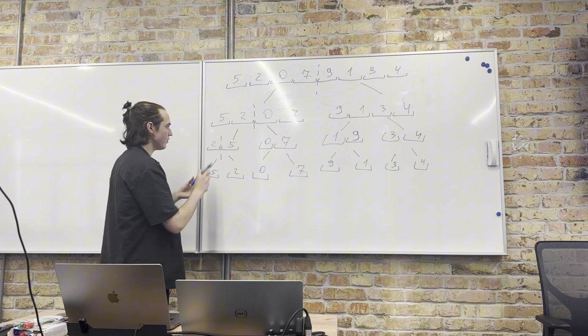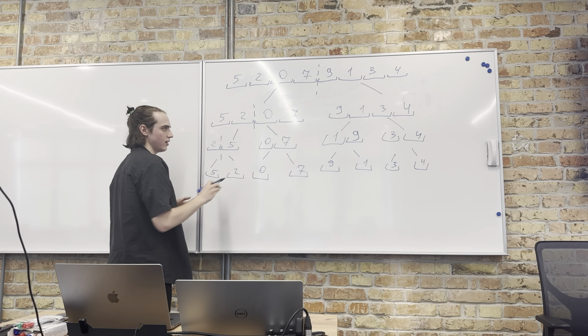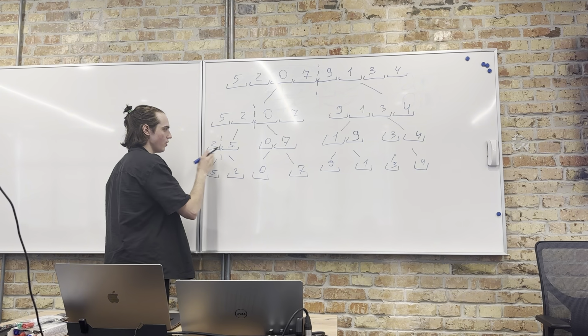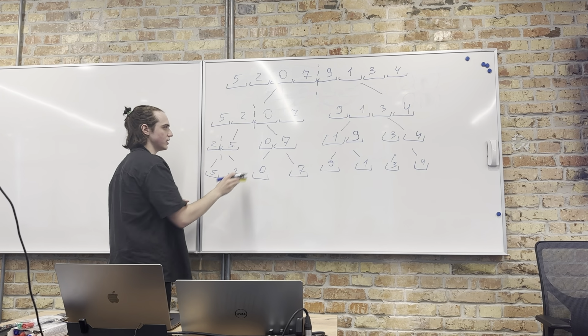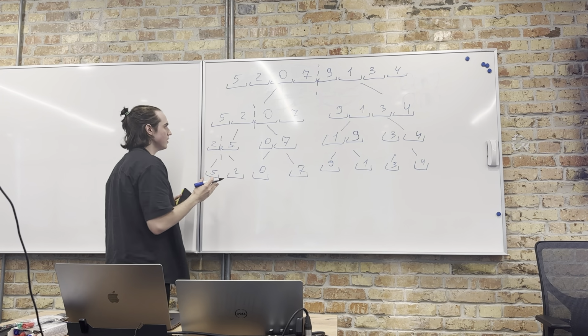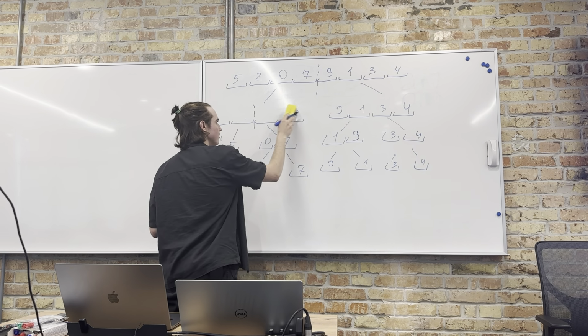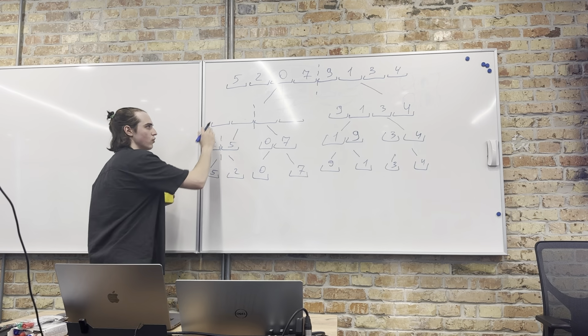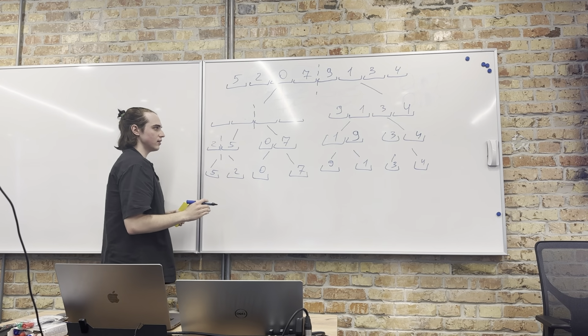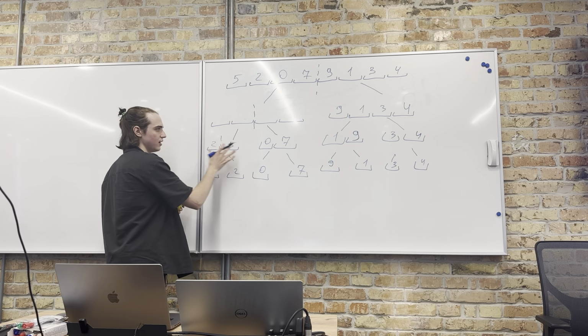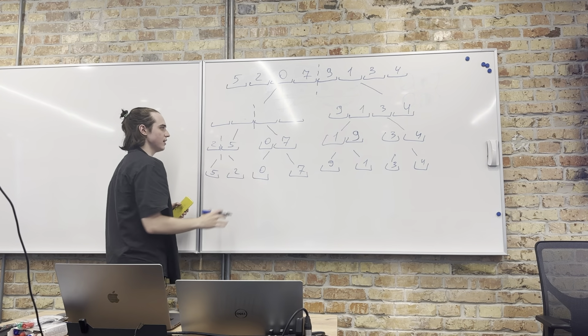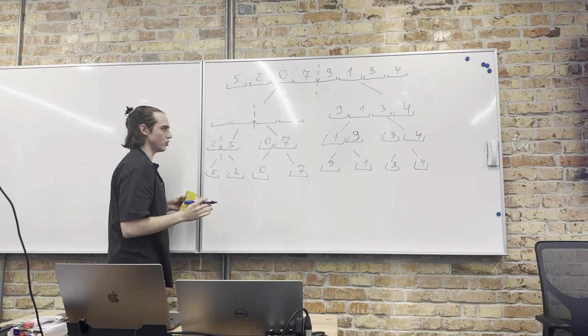Now we have two arrays, and every one of those arrays has two elements. And we have our array with 4 elements that we need to fill with elements from those two arrays. And now we are doing the merge.